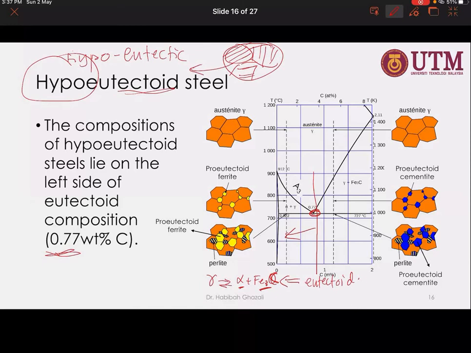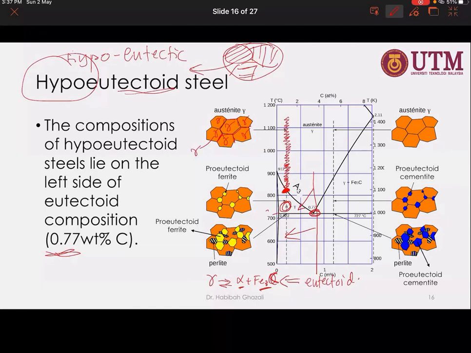So the phase transformation happens like this. First is gamma or austenite, only one single phase. You can see the grain structure like this. This is a grain, this is a grain boundary. One single phase, which is gamma. This is gamma, gamma, gamma. They are all gamma. However, when it enters this region, at this point, a new phase is forming. What phase? It is alpha. Austenite comes from this right side.